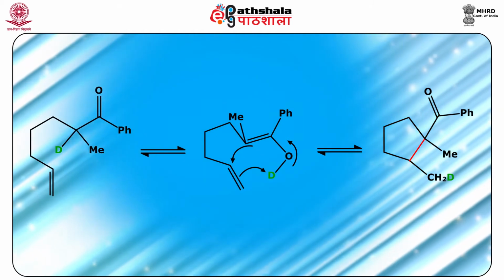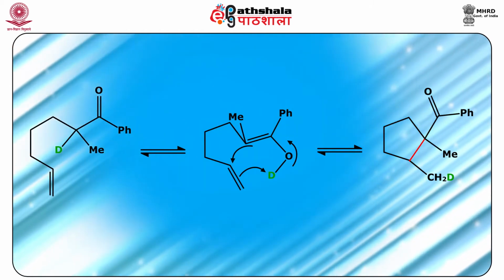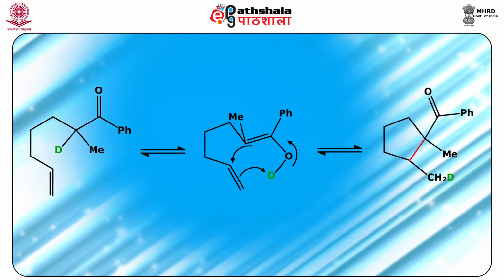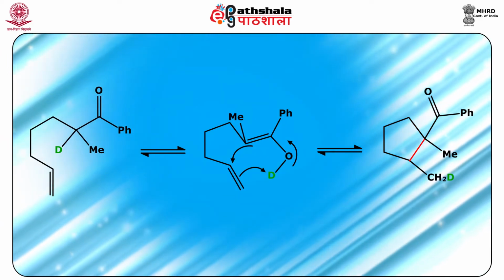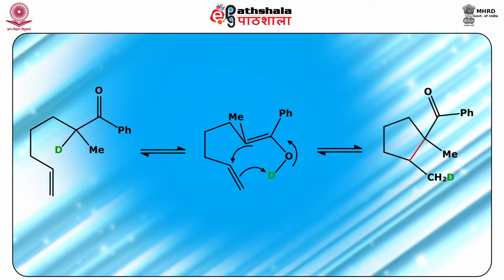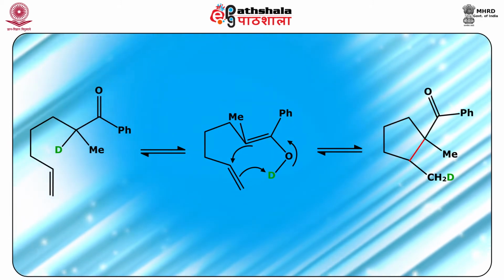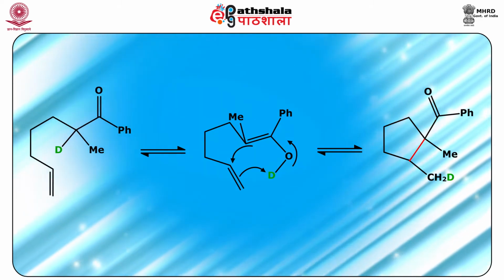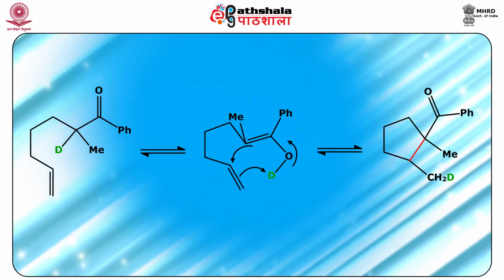The intramolecular ene reaction of unsaturated ketones, in which the enol tautomer of the ketone functions as the ene partner, is called the Conia-ene reaction. The Conia-ene reaction is an intramolecular, thermal or Lewis acid catalyzed reaction that yields cyclized products.